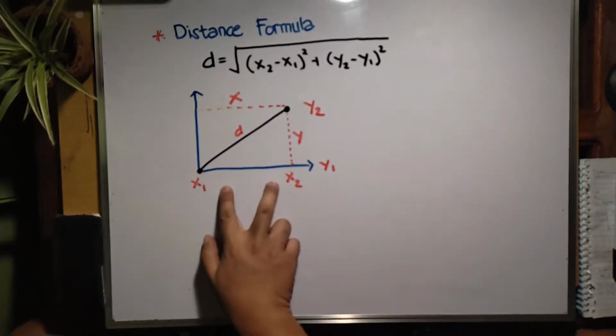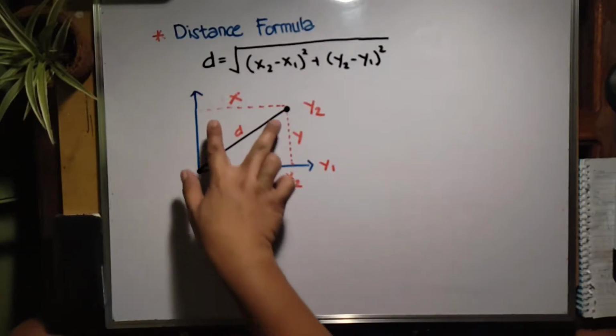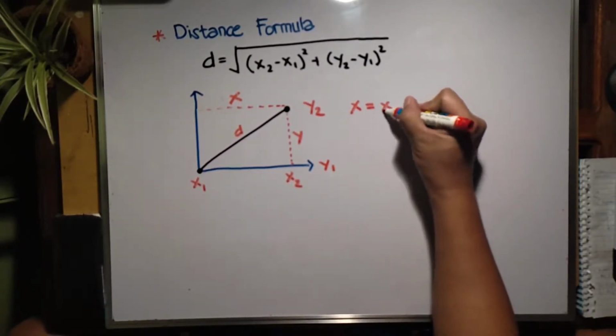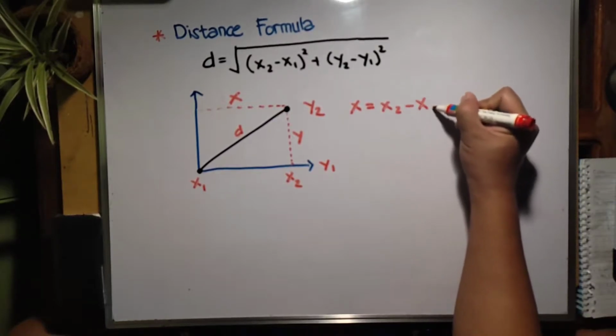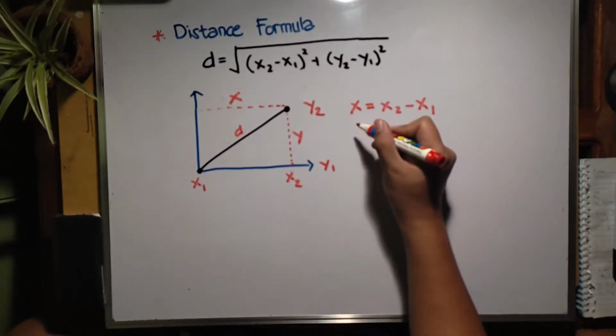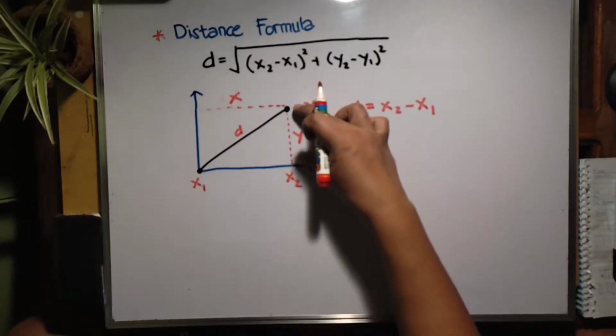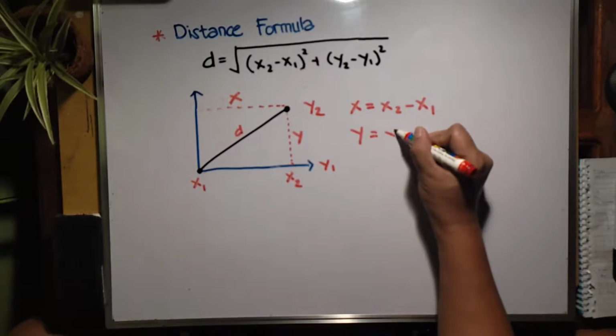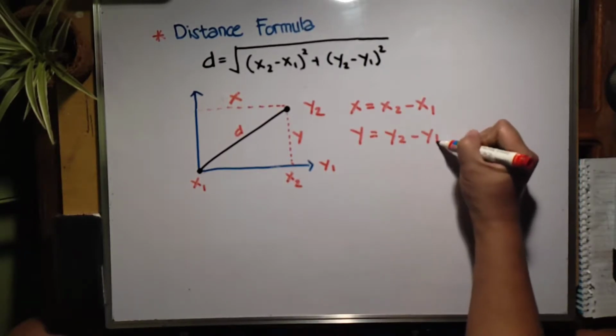Now this length x is just equivalent to x2 minus x1, and on the other hand, this length y is just equivalent to y2 minus y1.